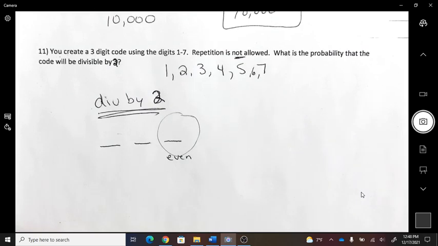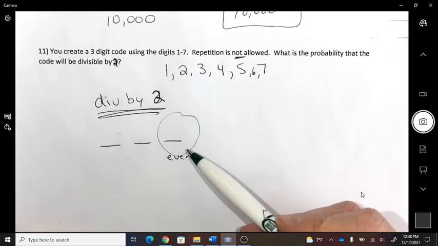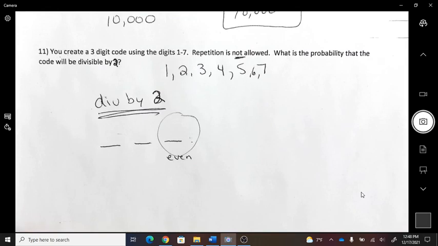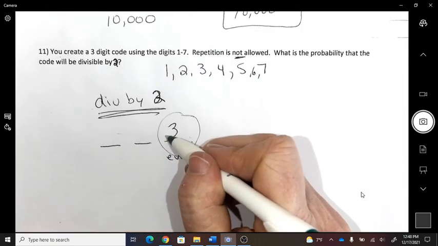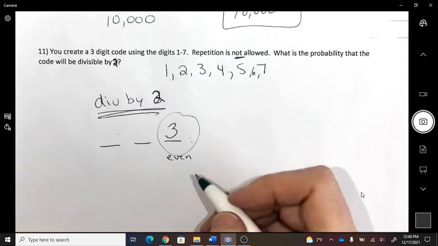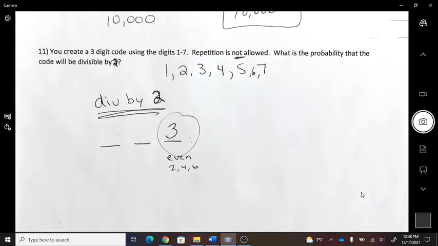Okay. So, what could I put here? 2, 4, 6. So there were 3 options you just told me. I could have put a 2, a 4, or a 6. And repetition is not allowed.